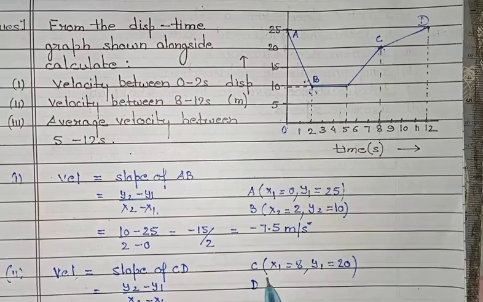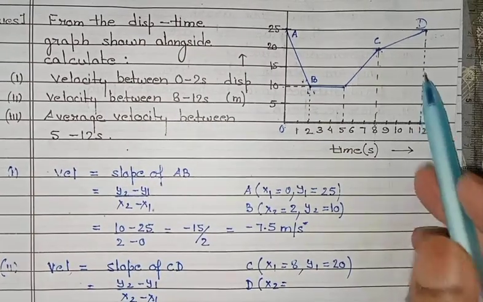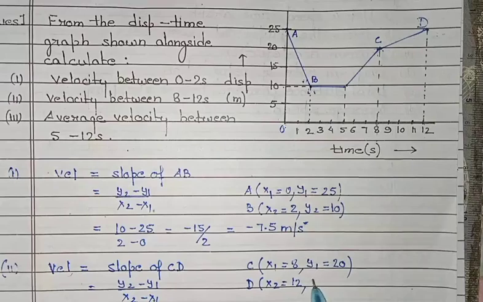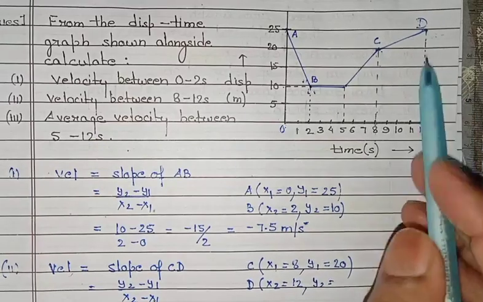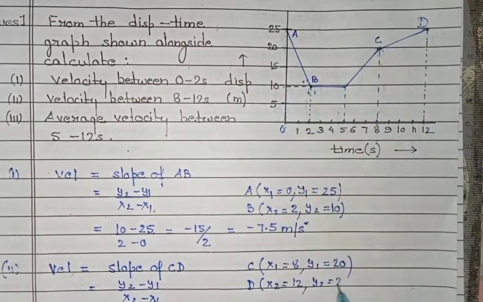Similarly for point D, moving towards the x-axis, you are getting 12, and moving towards the y-axis, you are getting 25.